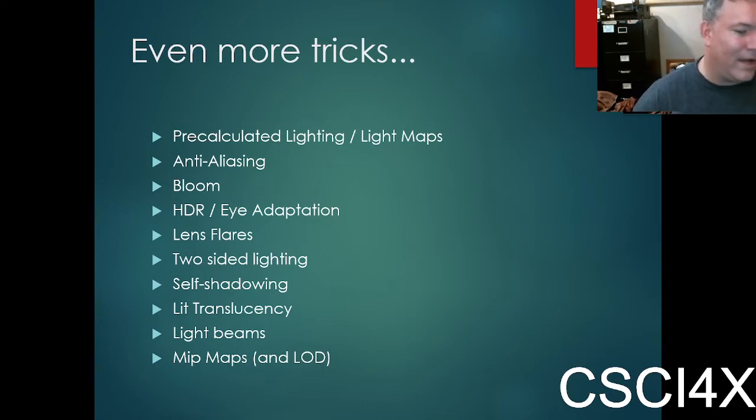So HDR eye adaptation is for when your eyes adjust. HDR on a TV is having more bits per color. So your typical monitor, like my monitor here, has 8 bits per pixel. So for red, there's 8 bits that control how much red it has. 0, 0, 0, 0, 0, 0, 0, 0 is black. 1, 1, 1, 1, 1, 1, 1, 1 is pure red, right?